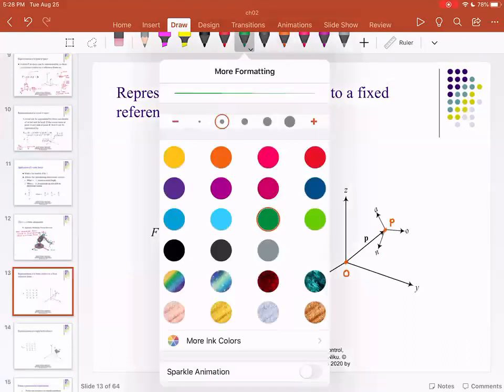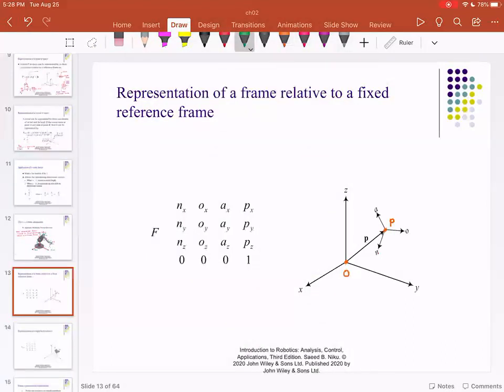Now this is very important. So I'm trying to represent orientation and position of P. And that is achieved by means of a matrix.